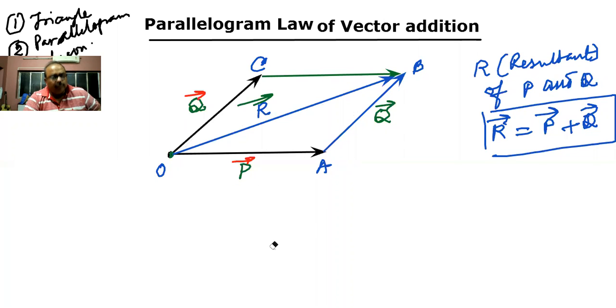So just note down the statement of the parallelogram law of vector addition. Please everybody note it down.